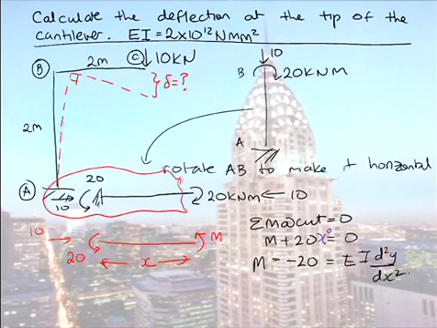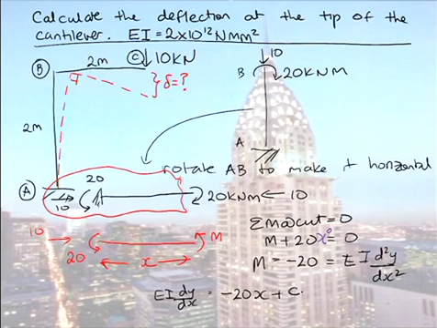I think I'll have to set you some more work in at home. You will integrate that once, only once, because what are we after? The slope. So let me just do that for now. Just give me another minute. So we integrate it once, EI dy/dx, and we get minus 20x plus c.